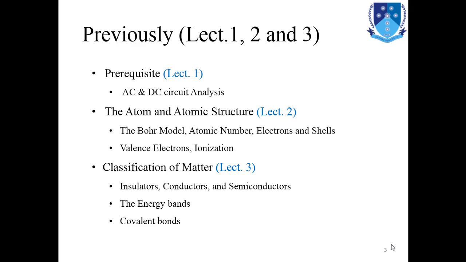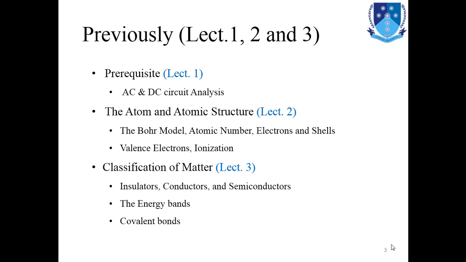We also explained the Bohr model of an atom, similarly the atomic number of any atom, the electrons and shell in atomic structure. Similarly, we also discussed the valence shell and its valence electrons, and finally we discussed the ionization process.